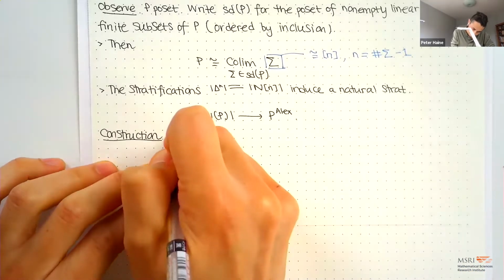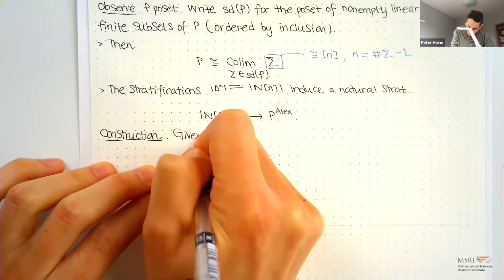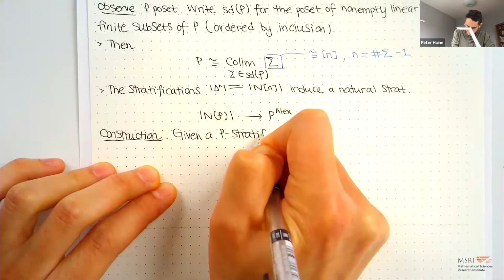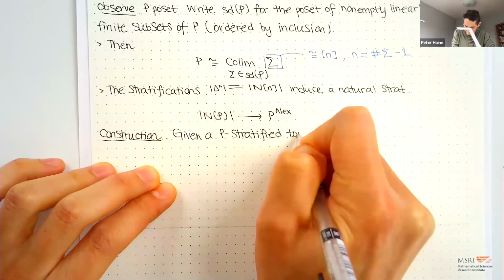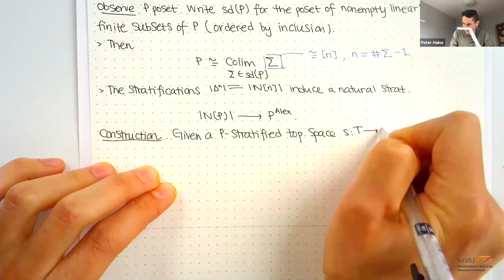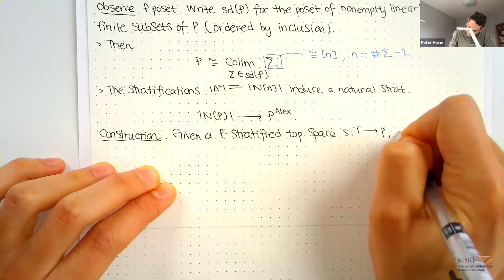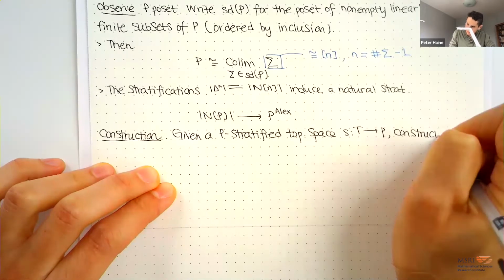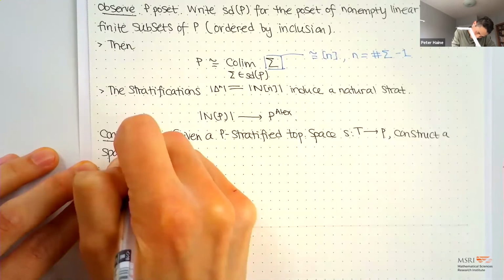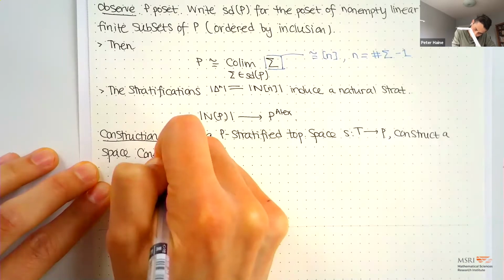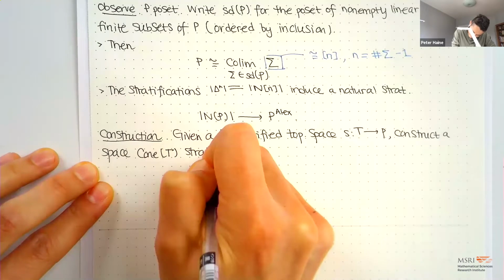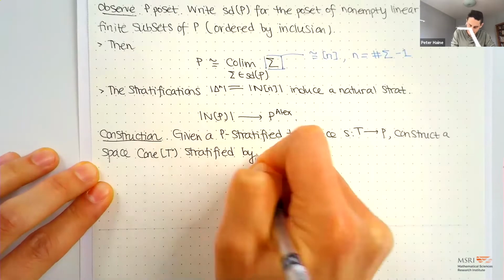So given a P-stratified topological space, T to P, construct a space, the cone of T, stratified by this poset.